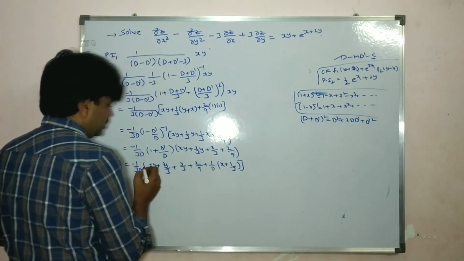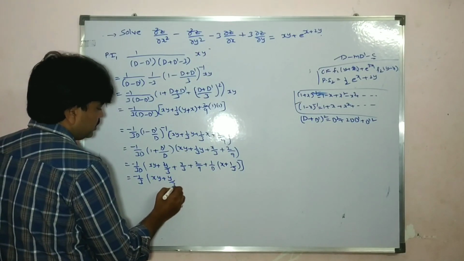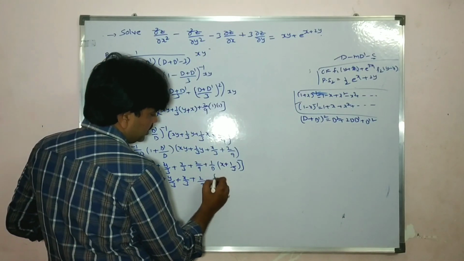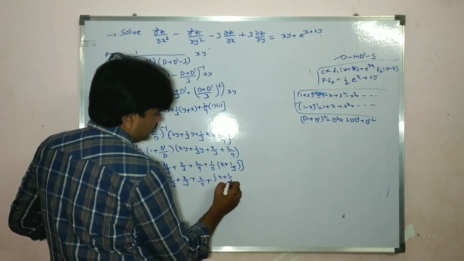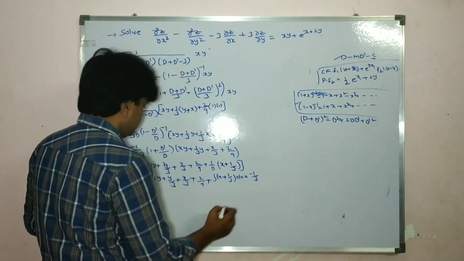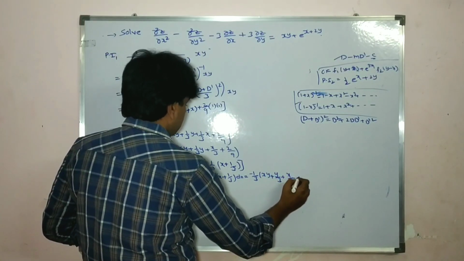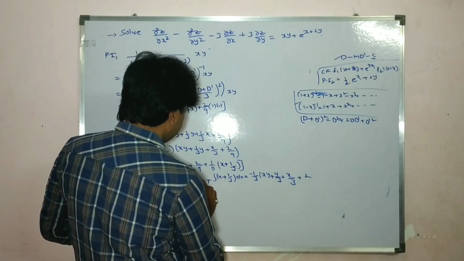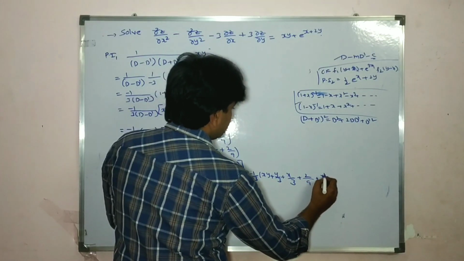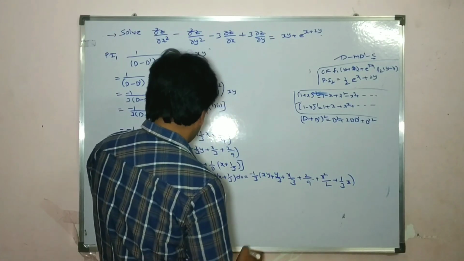So that is close. That is equal to minus 1 by 3 xy plus y by 3 plus x by 3 plus 2 by 9 plus 1 by D means integration, students. Integral of x plus 1 by 3 dx. That is equal to minus 1 by 3 xy plus y by 3 plus x by 3 plus 2 by 9 plus x square by 2 plus 1 by 3 x.